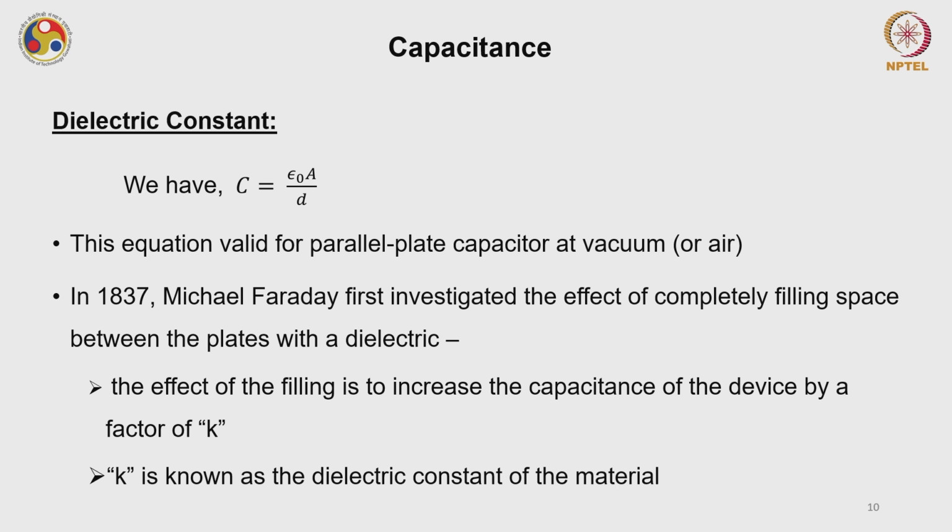In 1837, Michael Faraday investigated the effect of completely filling the space between the plates with another material, say a dielectric, which is a kind of insulator. The effect of the filling is to increase the capacitance of the device by a factor K, and this K is known as the dielectric constant of the material.